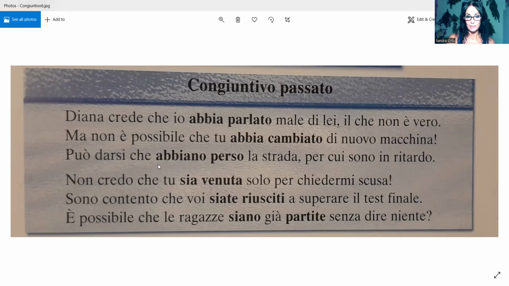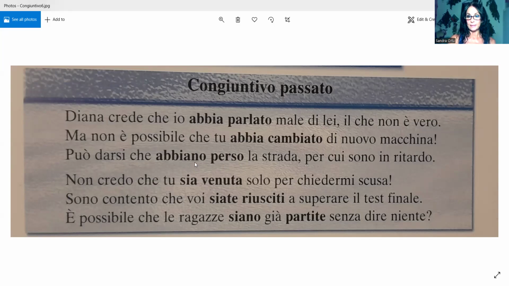Here we can see abbiano, which is loro, and we're not putting loro because there is no confusion in this case. As I said, only the first three singular have exactly the same conjugation. And perso is the participle of perdere, to lose or to miss. In this case, you can translate it with they got lost.